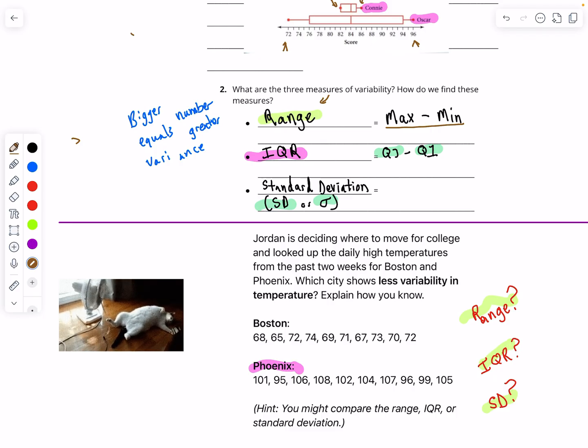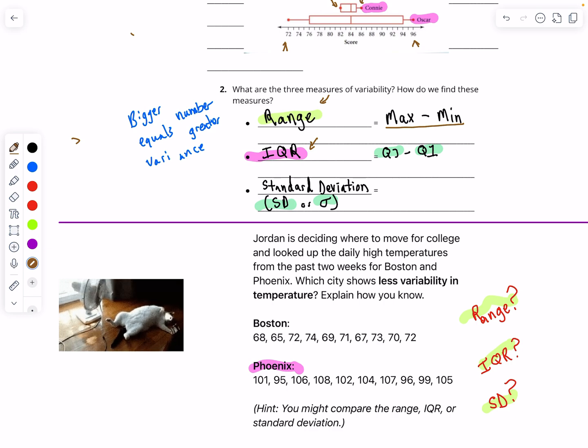And we also have the IQR, which is the interquartile range. The way we find the interquartile range is we do Q3 minus Q1. In order to find the IQR, we have to do the 5 number summary. So we'd have to find the min, the max, the median, and then Q3 and Q1.